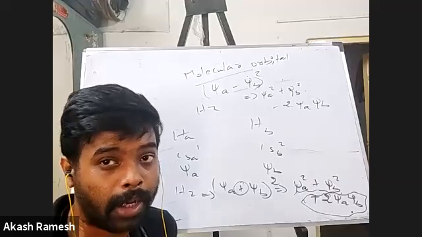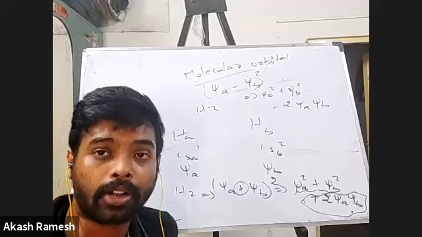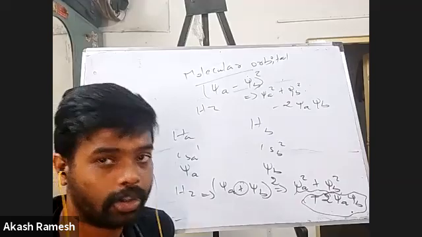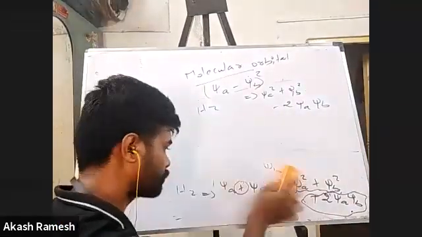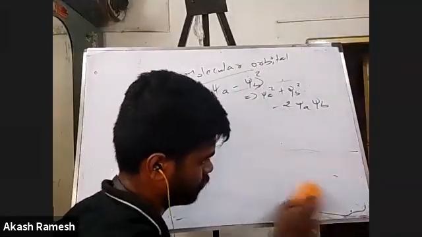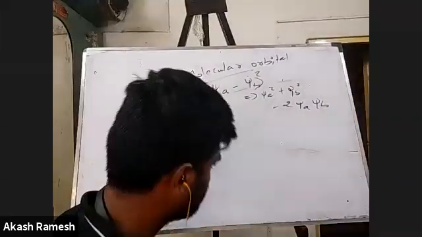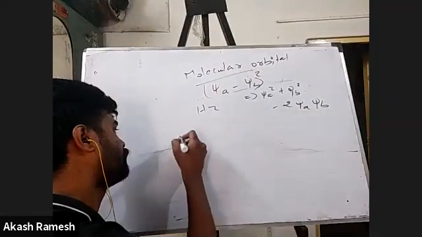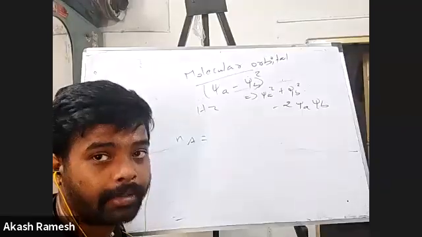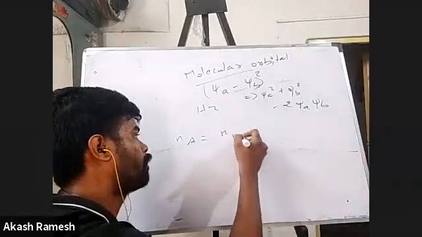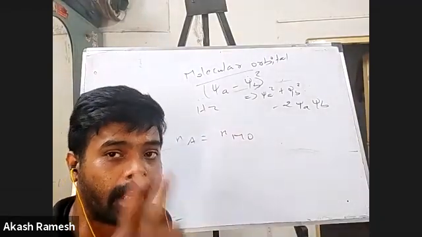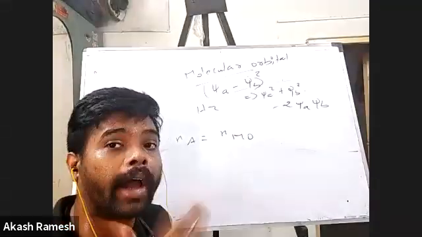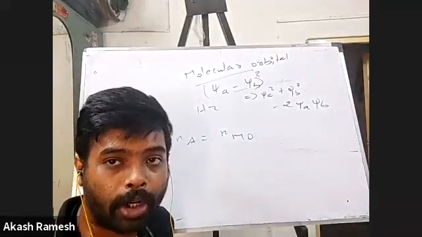That was one of the main points, isn't it? Now the same point holds good here also, right? So please understand that the number of atomic orbitals combining will be equal to the number of molecular orbitals formed, right? That means if I have two atomic orbitals combining, I should have two molecular orbitals formed.